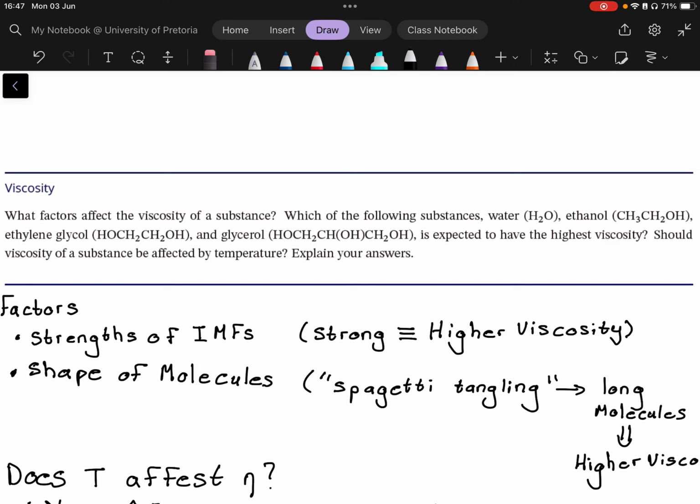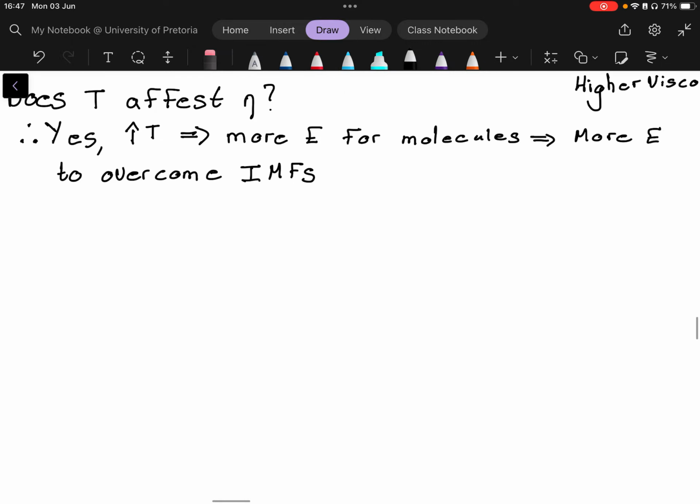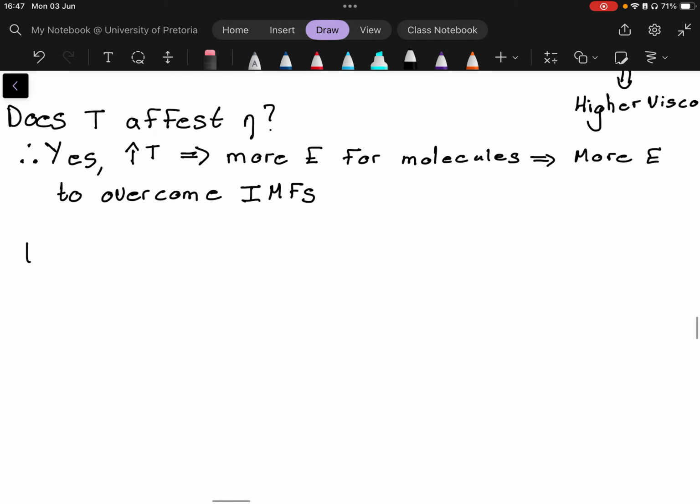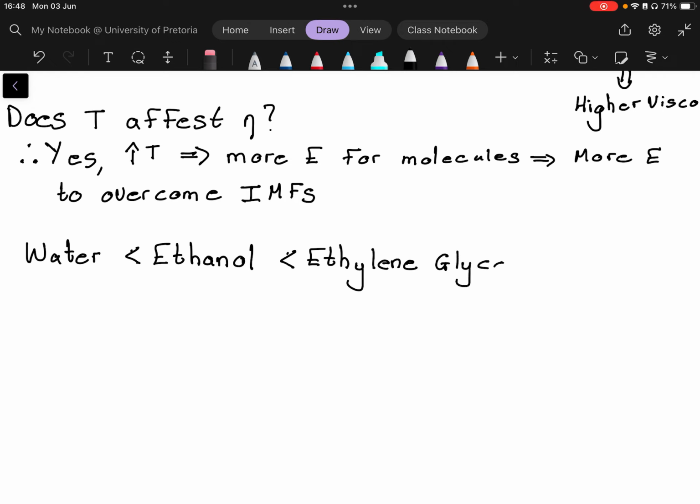Ethylene glycol is OH, CH2, CH2, OH, so there's an extra little tail. And glycerol is OH, CH2, CH, CH2, OH, so it's even bigger. So if I were to rank them, water has the lowest viscosity, then ethanol, then ethylene glycol, and then glycerol.